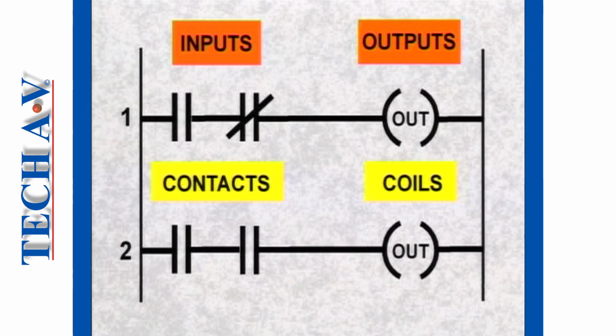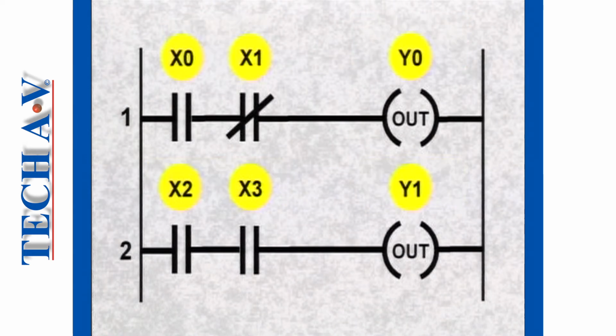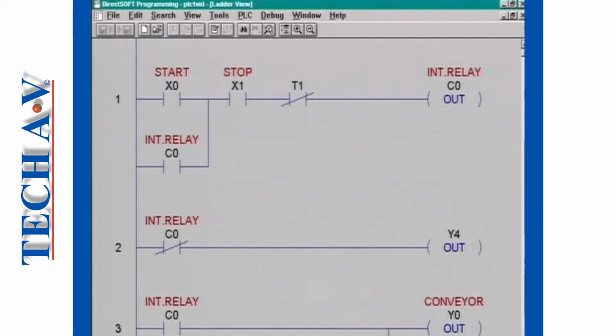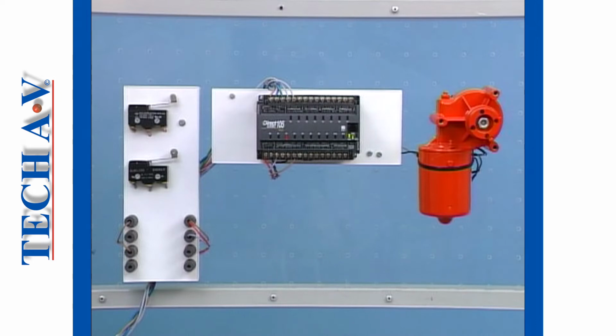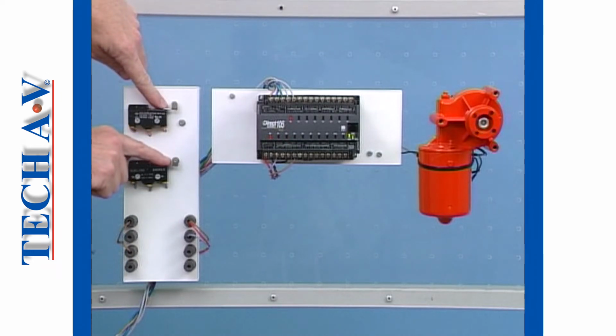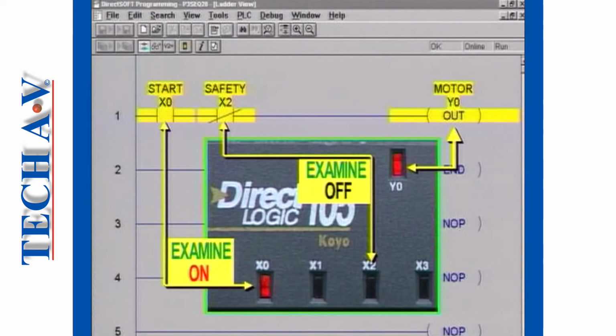Then we discussed the symbols, notation and I/O addressing required when using a ladder logic diagram to display the user program. Finally, we explained how a PLC uses the on-off voltage signal from an input device to turn an output on or off, depending on whether the PLC has been programmed to examine the input location for an on or an off voltage signal.